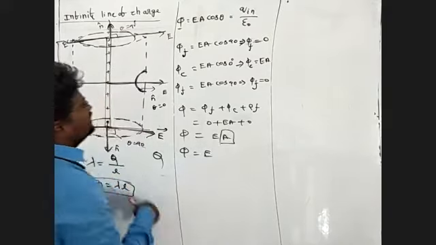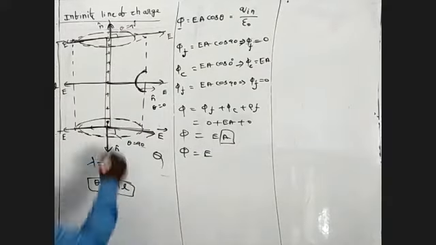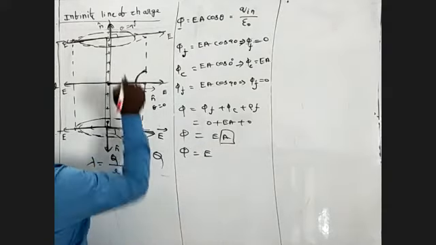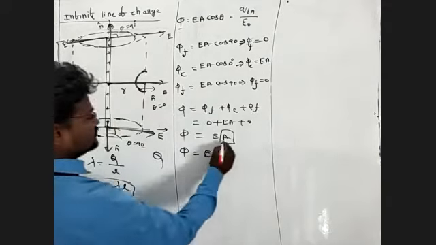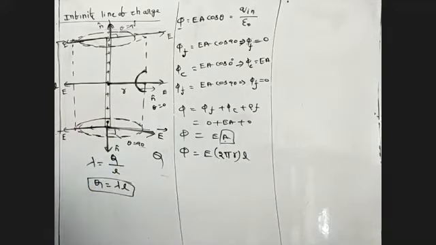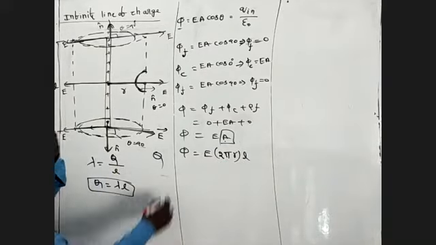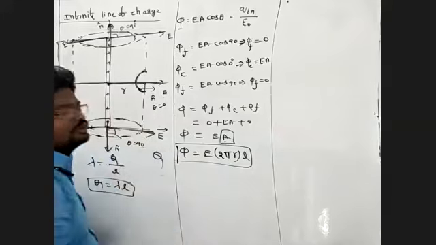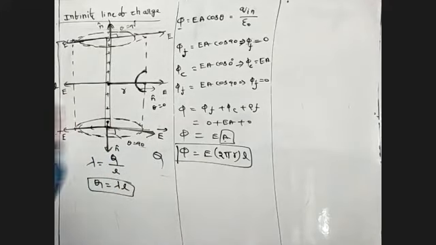A means the area of the cylinder, which is 2 pi r times the length of the cylinder, L. This is the total flux passing through the Gaussian surface.